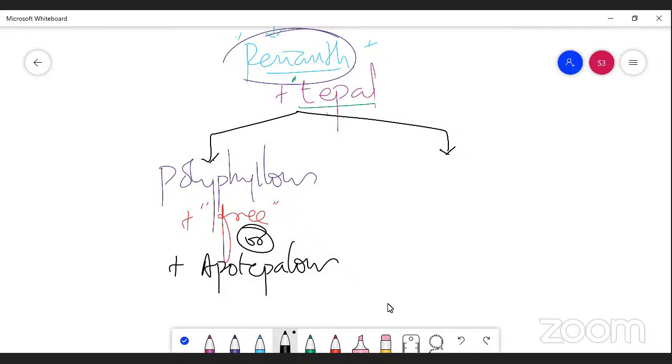I'm going to give an example for each one, right? And talking about gamophyllous, gamo means joined or united. In gamophyllous, the tepals are fused at the base.